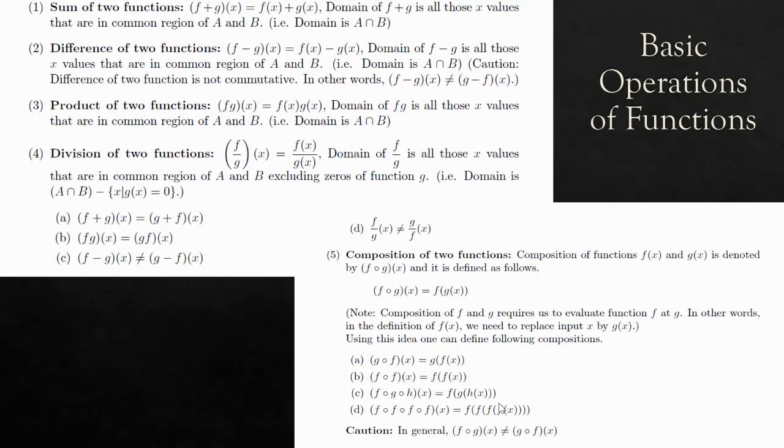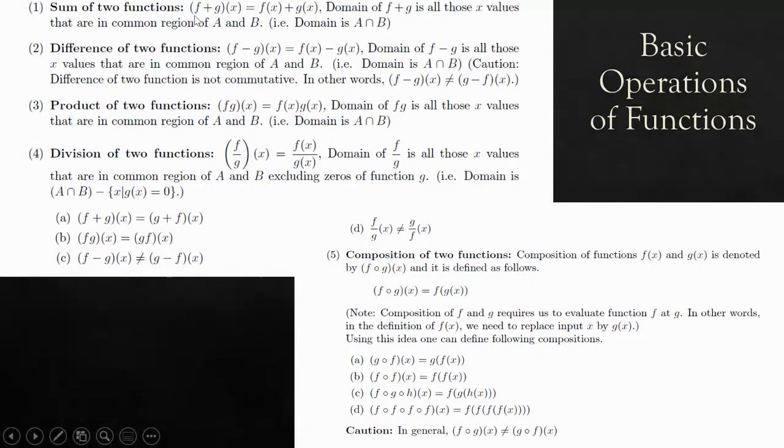So basic operations of functions is basically taking two functions to create a new function, or taking two numbers to create a new number, right? In this case, we'll be thinking of functions. So sum of two functions, which is just adding two functions.